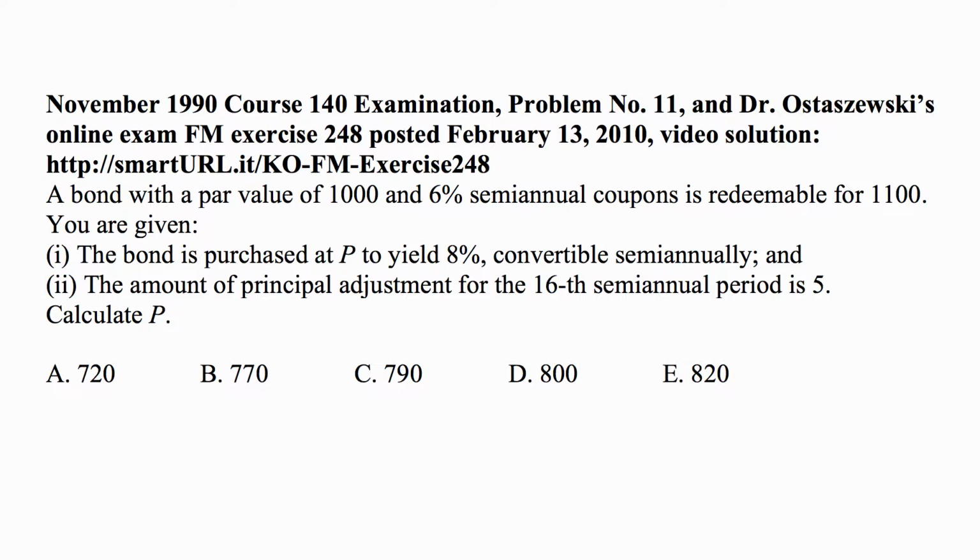So when you see this 6% semi-annual coupons, that's confusing because you may think that it's 6% per half a year. But what is meant is that this is a 3% coupon paid every half year. And the yield is 4% per half year. That's statement 1 in here.